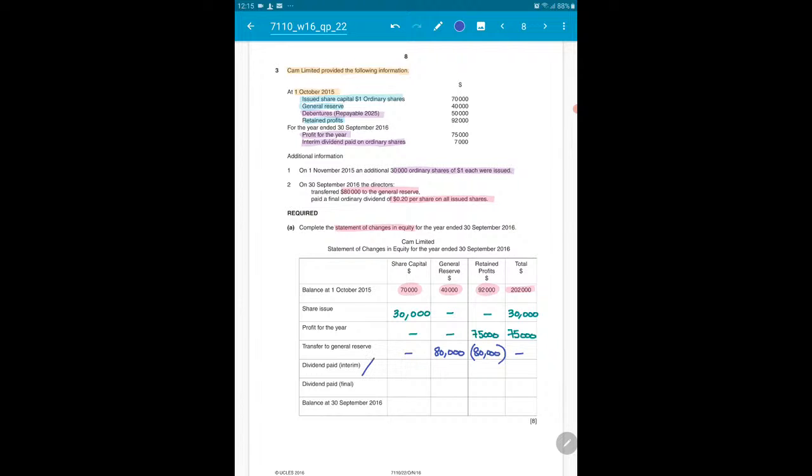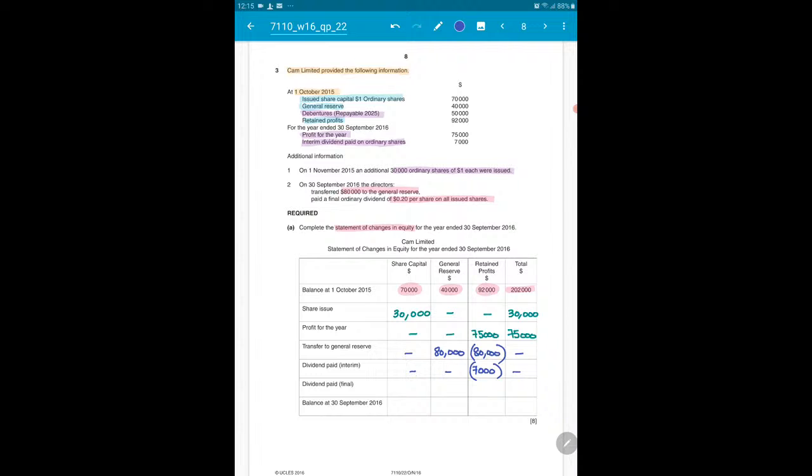Then we are also paying the interim dividend that is paid during the year. The amount is already given, that is 7,000. So we are going to subtract the 7,000 interim dividend from here because we are paying it to the shareholders during the year. And then there is a final dividend that has to be calculated, and that is the final dividend to all the issued shares at the end of the year, that is 30th September.